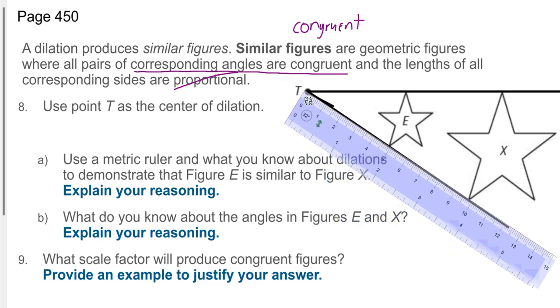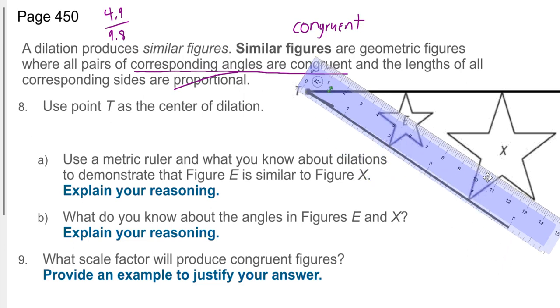Now, the distance in my picture from 0 to the tip of E is 5. Oh no, actually it's 4.9. And then from 0 to the tip of X is 9.8. So I'm going to put some numbers down here. The first one was 4.9 to 9.8. That was this line.